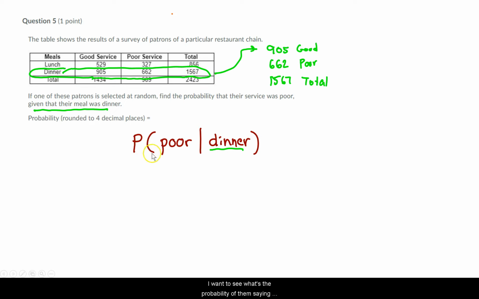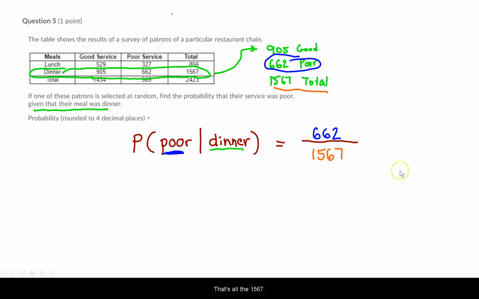Now we want to see what's the probability of them saying that it was a poor service given that they were at dinner. Well, I can see here that there were 662 people that said they had poor service. And that's out of the 1,567. So I'm not going to take the probability out of 2,423 because the given that excludes those who were at lunch. We're looking at those who were at dinner.